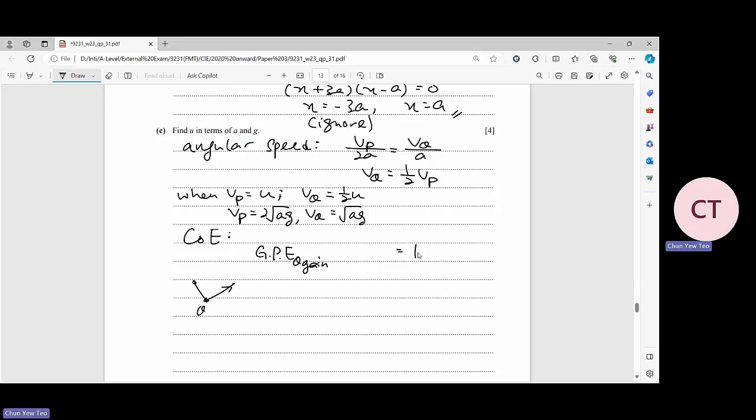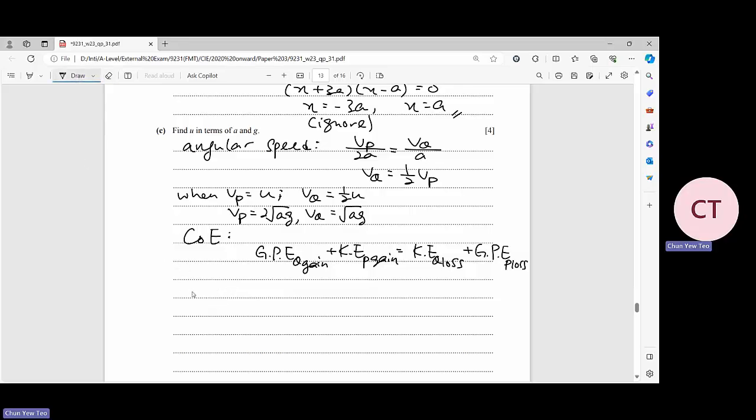That means the KE of Q loses. And for P itself, if we move this way, the GPE of P loses, then the KE at P will gain. So this is the relationship.